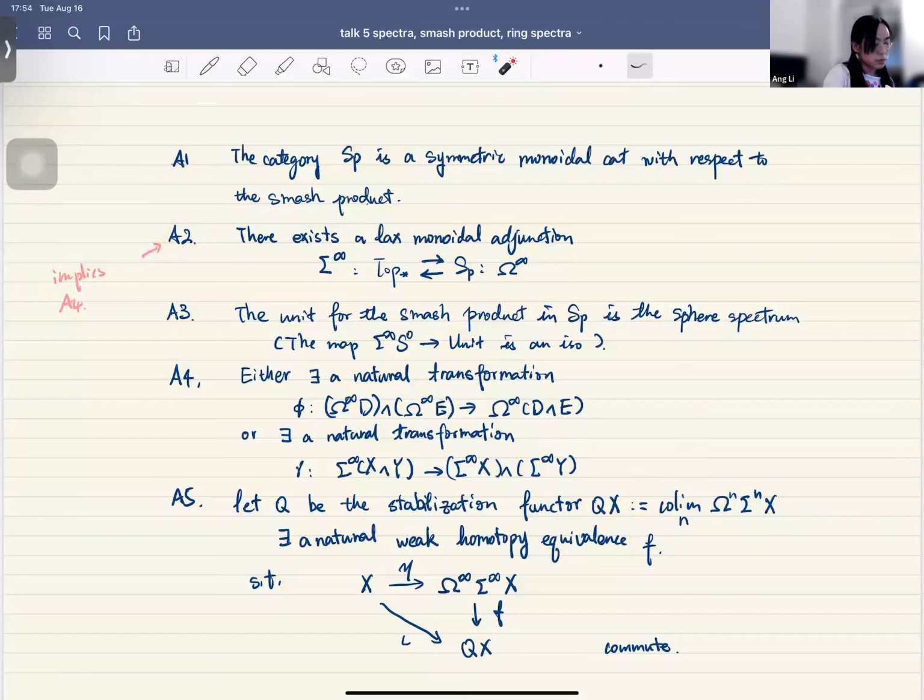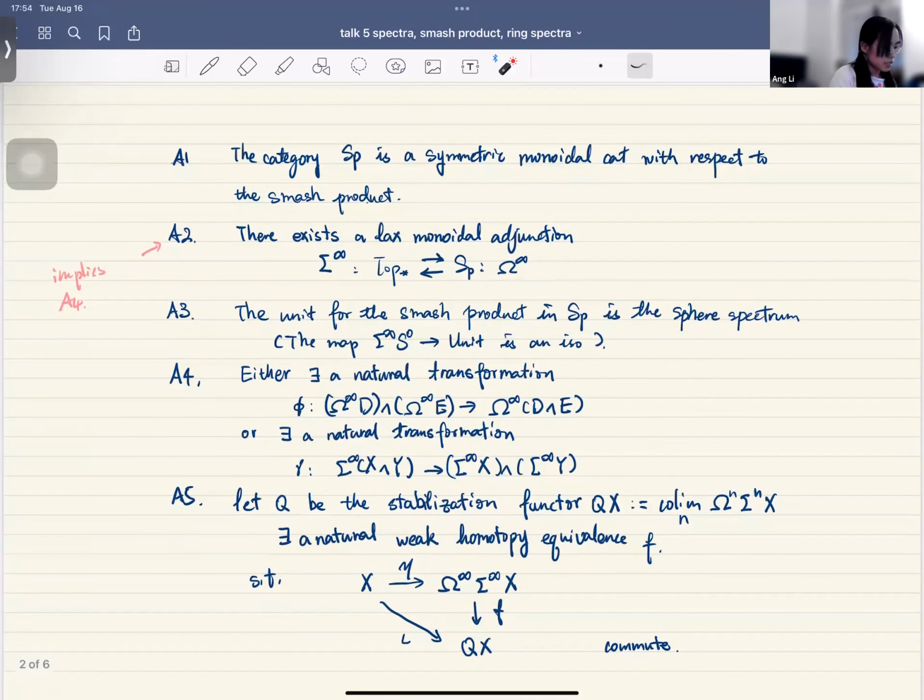And the second one, we want to keep the adjunction between our space of topological spaces and the spectra, that's the loop infinity and the suspension infinity. And we also want them to keep the multiplicative structure. So that's why it says it's a lax monoidal adjunction. And the third one, of course, we want the sphere spectrum to be the unit.